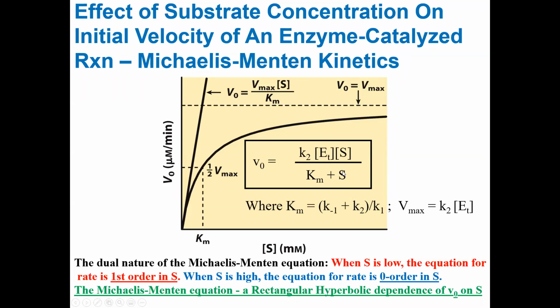People write it that way. Now let's see how at low substrate concentration, the rate is directly proportional to the concentration of S. So when the concentration of substrate is low, what will happen? Think about this equation. You can just directly see that when S is really low compared to the Km value, you can ignore it.